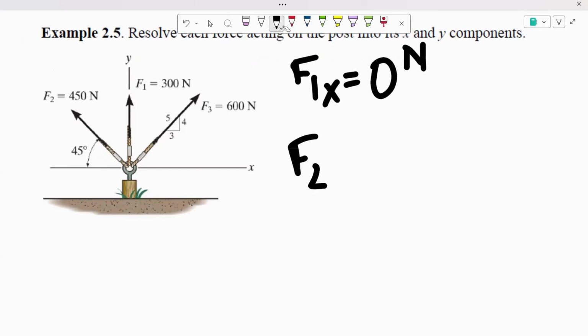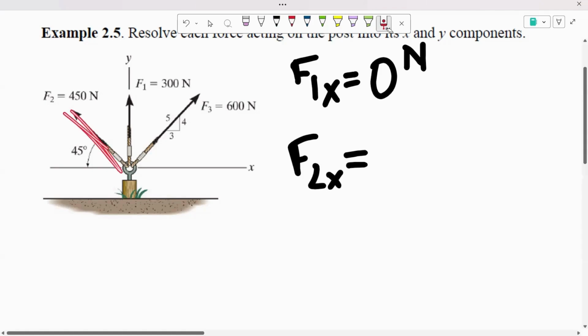Now we can move on to F2, and we're going to find its x component, or its horizontal component. As you can see, this is our F2. If we draw a triangle right here, we can see this is the angle given to us.